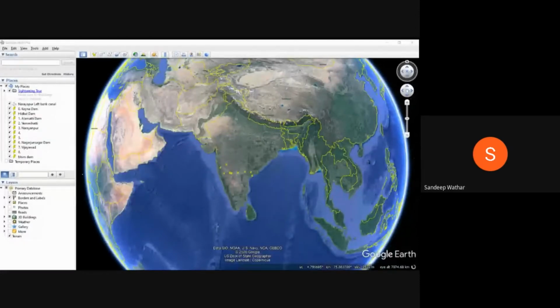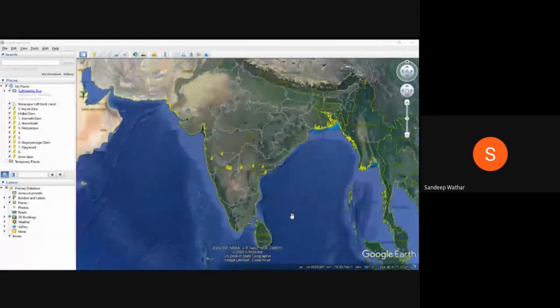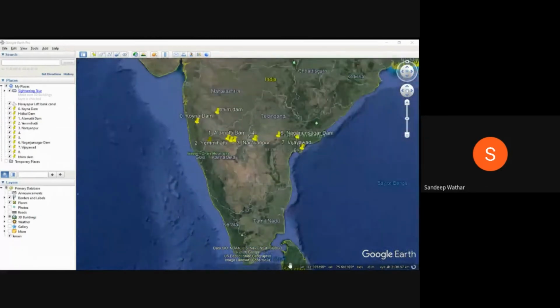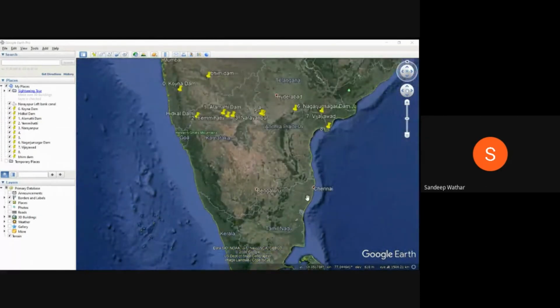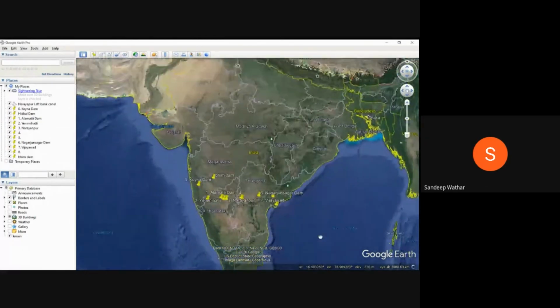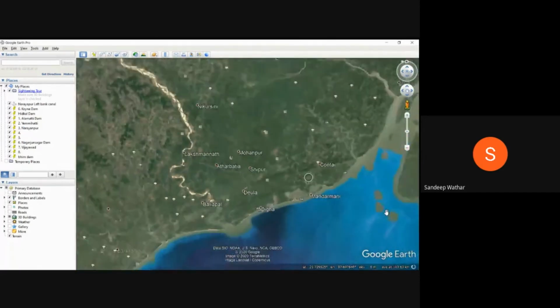So all of you know the direction in which it basically flows. I hope you all remember that. This is north, this is south, this is east, and this is west. So all our major rivers are west flowing rivers or east flowing rivers. I'll just show you some of the rivers.